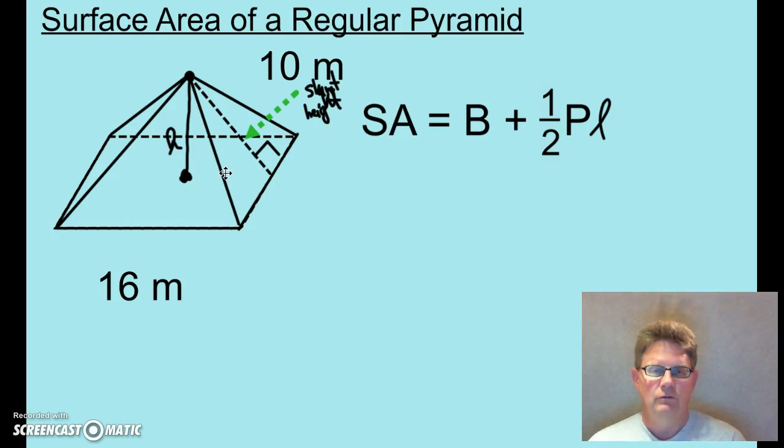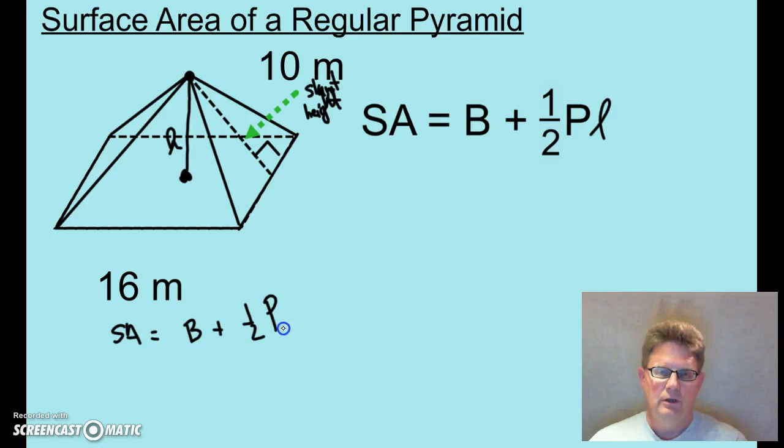So in this case, the surface area of this pyramid equals the area of the base plus 1/2 times the perimeter times the slant height. The base is a square, 16 squared, plus 1/2. The perimeter is 64, and the slant height is 10.